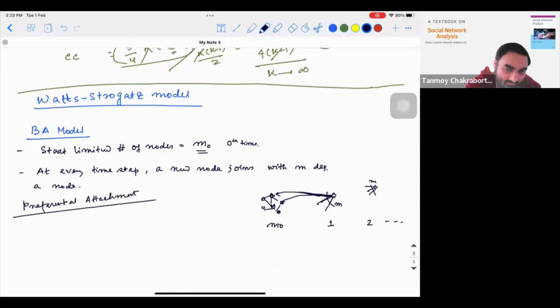It means that a new node will prefer an existing node whose degree is high. So the preference is based on the degree. In this Barabasi-Albert model, if a node has a high degree, it is highly likely that the new edge will be connected to that high degree node.